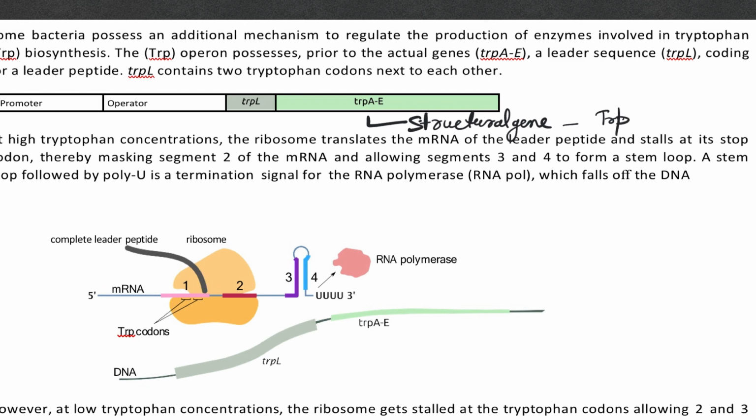Why are they clubbed together as a unit here? So that they can be regulated as a unit, because we don't want to switch on one enzyme and not switch on the other enzyme. That would be like having a loophole in the process. So we want these enzymes either to be switched on or off. By switching on, I mean the synthesis to be switched on and off.